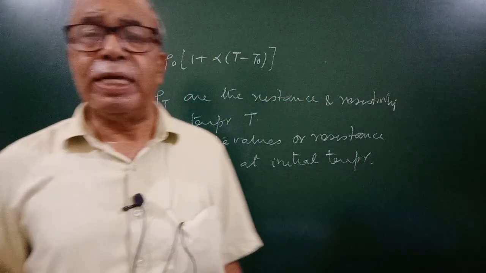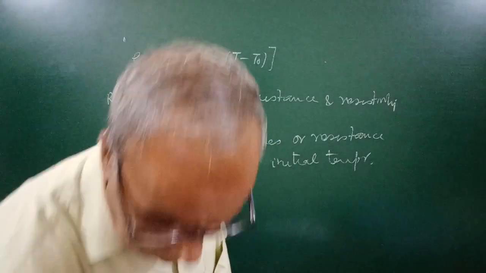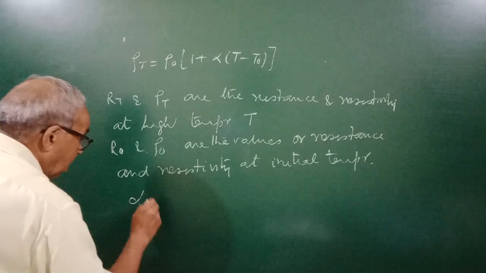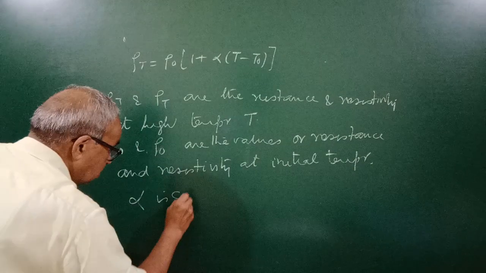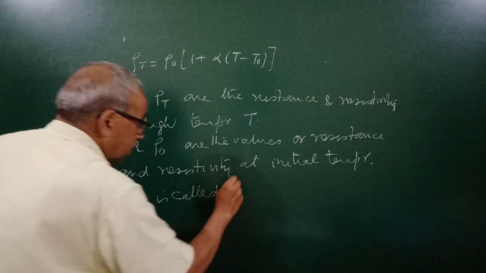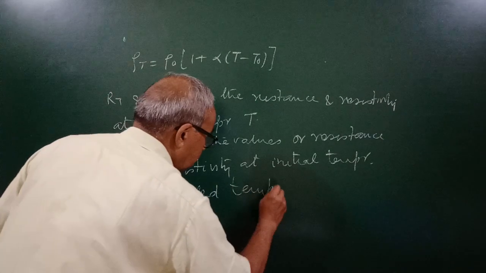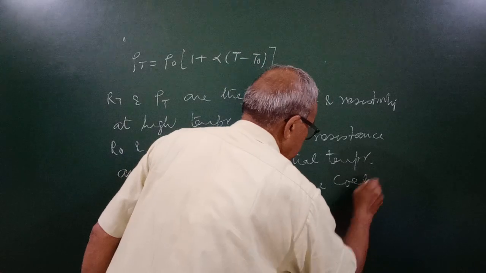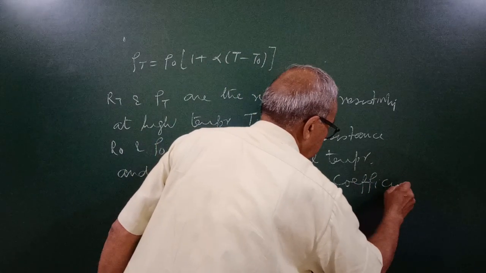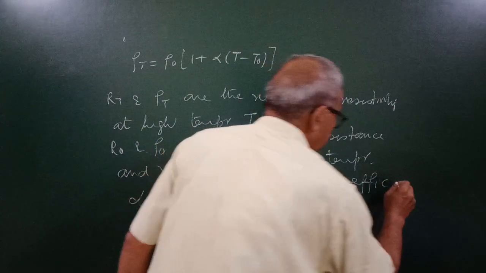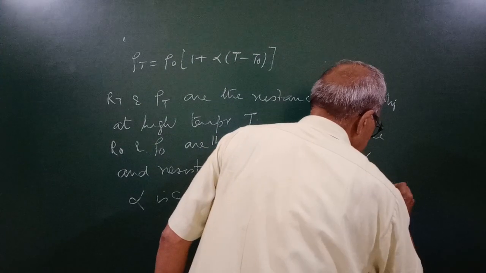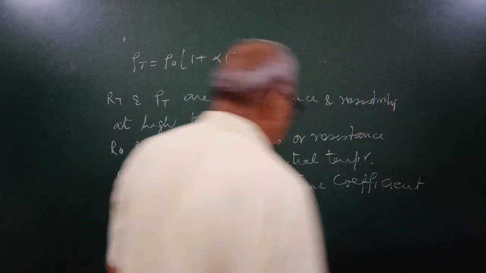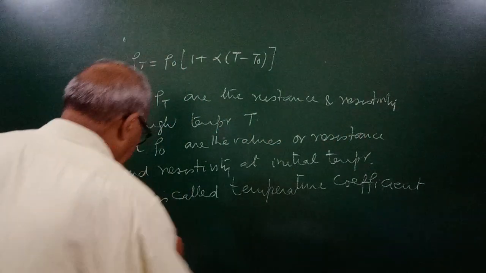For reference, we take 0 degrees or room temperature. Alpha here is called the temperature coefficient of resistance.